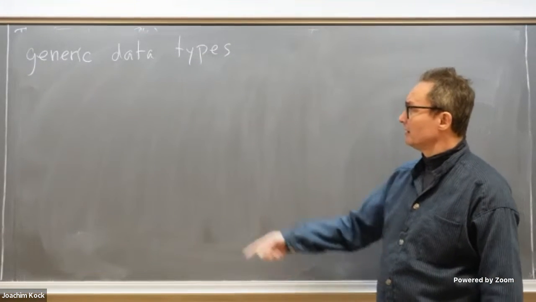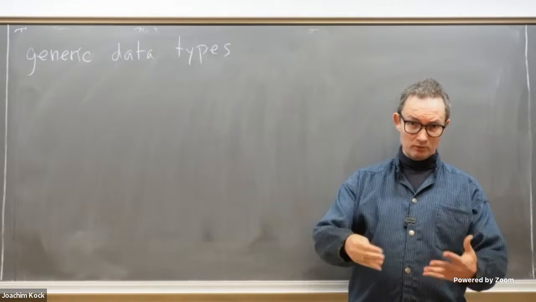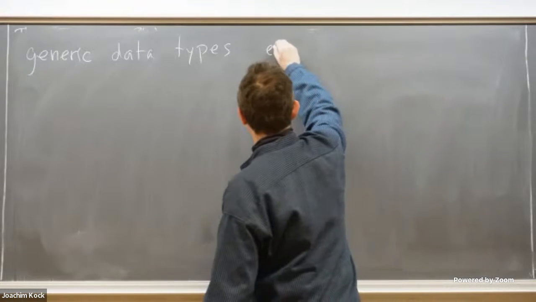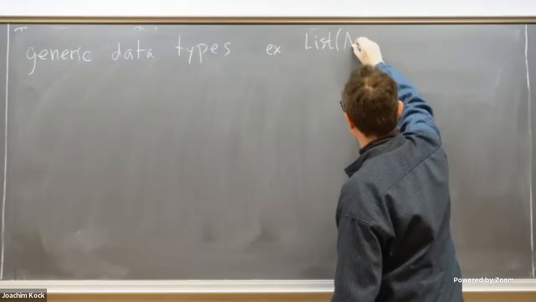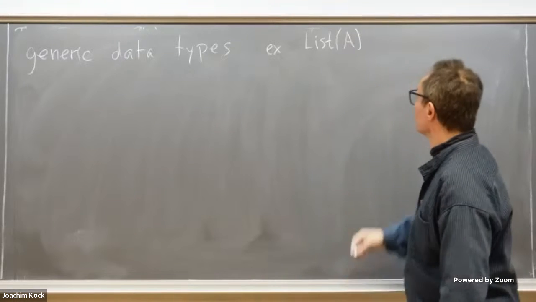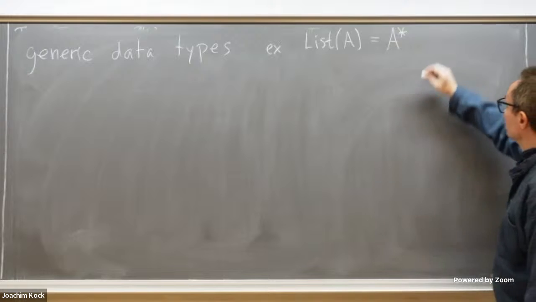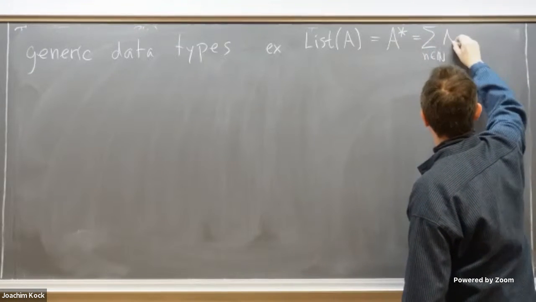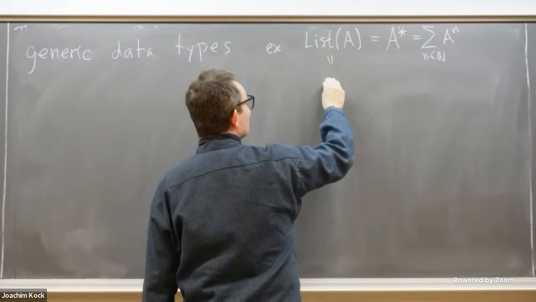Generic means data types with the property that it doesn't really matter what you put into them. You manipulate them without knowing what goes into them. An example is the list data type. So let's take lists of elements of a set A. That's again the same thing as the free monoid. So this is just the free monoid.